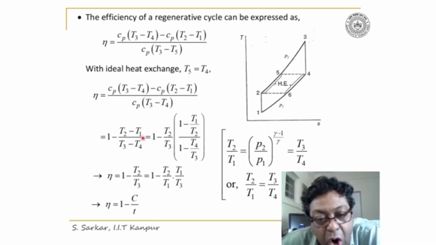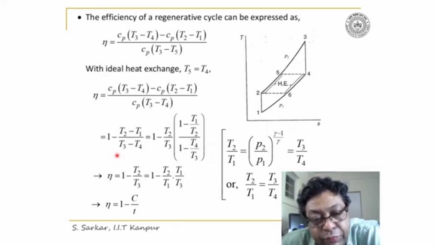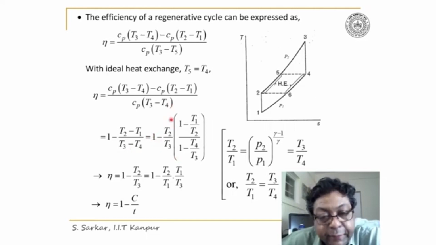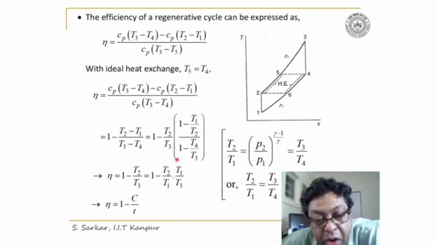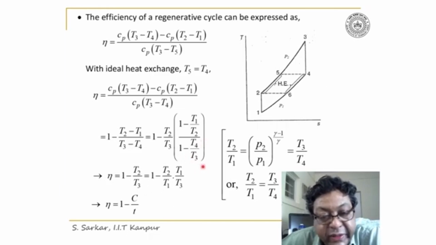Now take T2 common from the numerator and from the denominator take T3 common, so it can be expressed as 1 minus T2 by T3 within the bracket, (1 minus T1 by T2) divided by (1 minus T4 by T3).